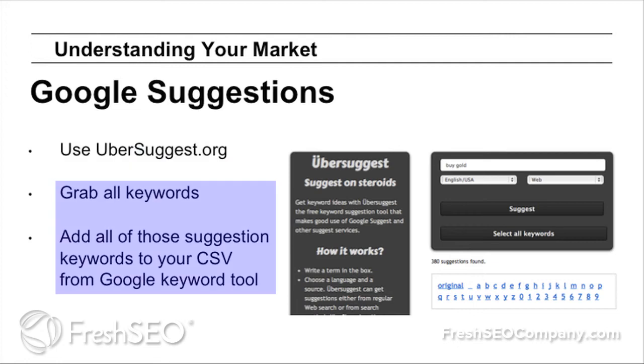And again, what we want to do here is just put in a handful of those main keywords that represent your marketplace, and it's going to spit out a large list of keywords that you can put back into that CSV file. And these are great because they're keywords that Google isn't giving you in the keyword tool in most cases, and they're keywords that people are searching. Ubersuggest is a great tool.